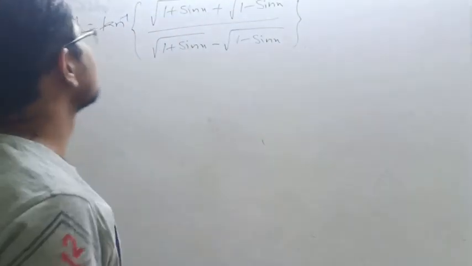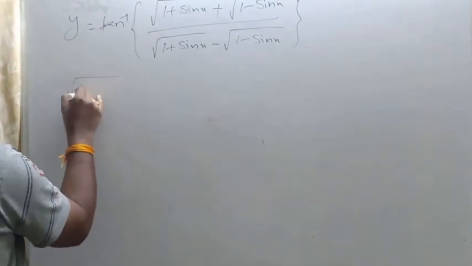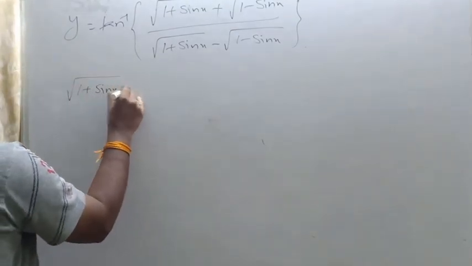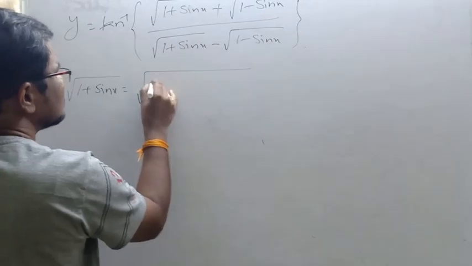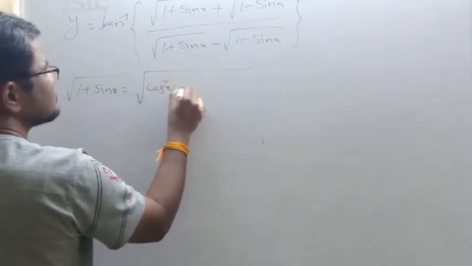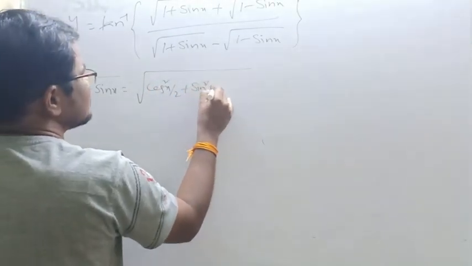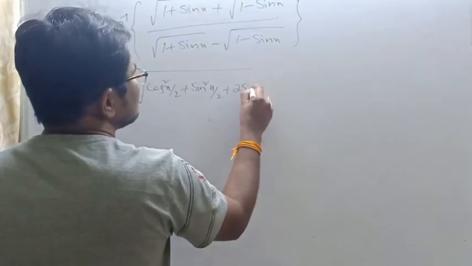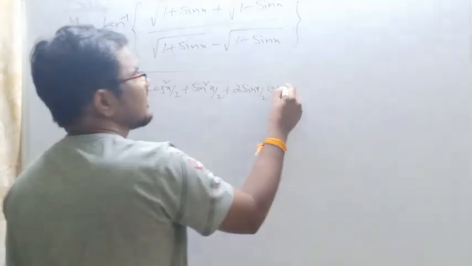Now, here we know that root of 1 plus sin x, how to write? Root of cos square x by 2 plus sin square x by 2 plus 2 sin x by 2 and cos x by 2.